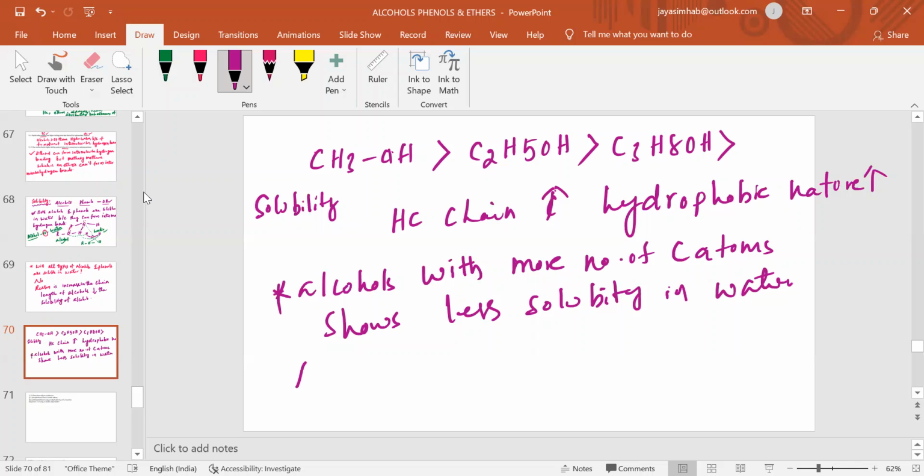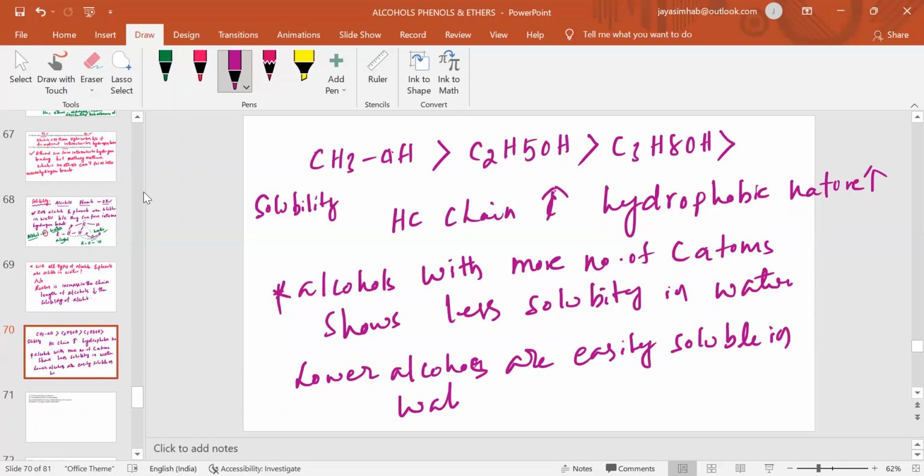That's why lower alcohols are easily soluble in water. So this is the important point you have to remember. Understand? Whatever it may be, lower alcohols, meaning alcohols with lower molecular mass, are easily soluble in water, or easily miscible in water. You can say it like that. Understand?